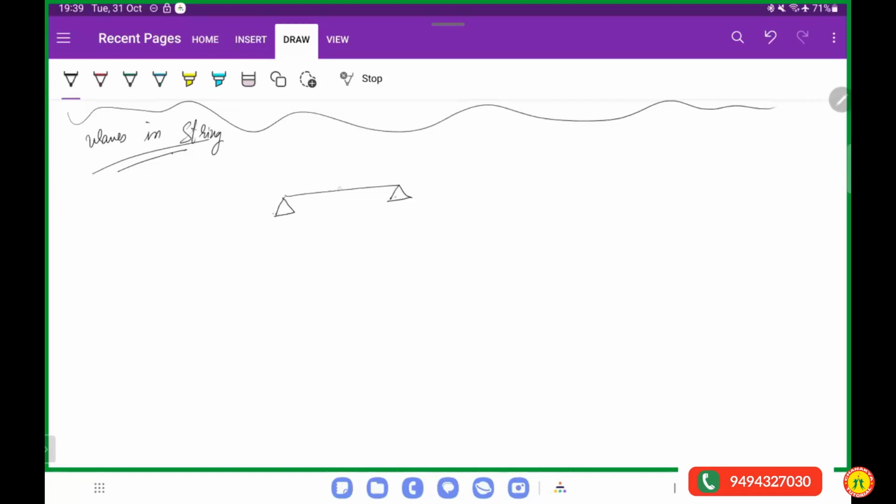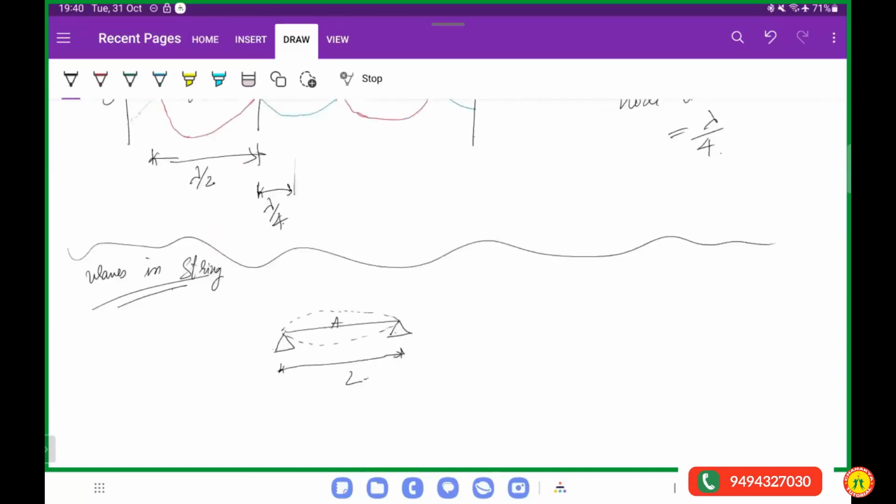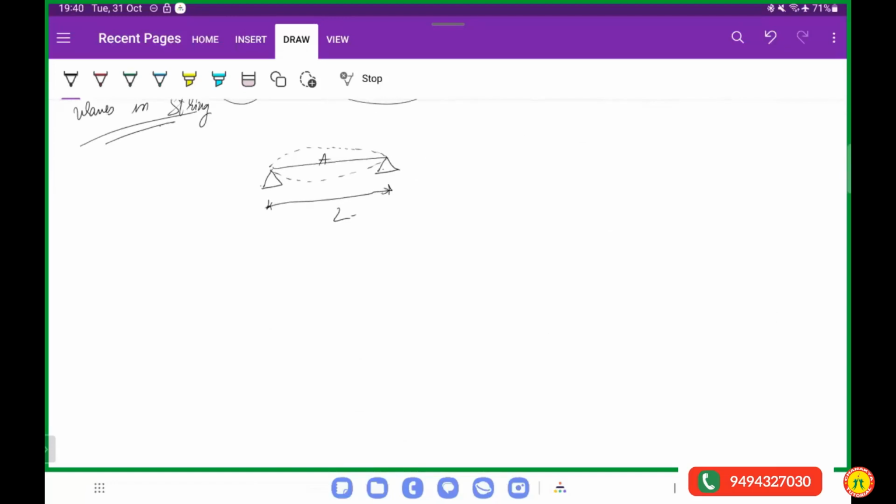If I vibrate this one, it will go like this, to like this. It will vibrate like this. So this is your distance between fulcrums, L, or as we saw here, the wavelength. Distance, doesn't matter, same thing.